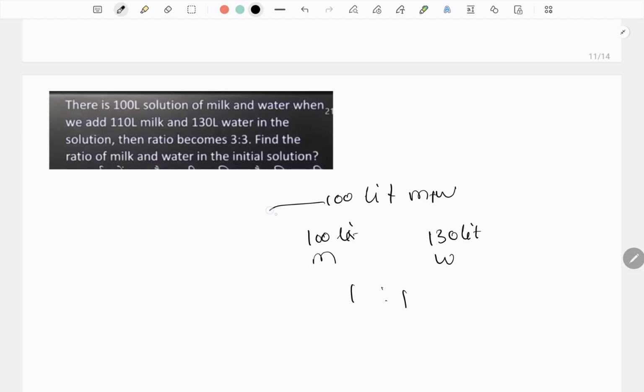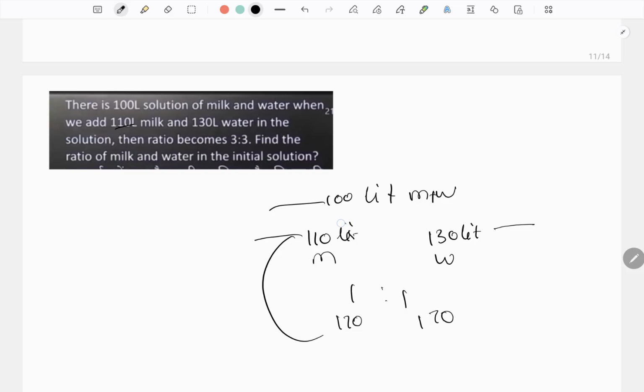Total 100 plus 110, 210. 210 plus 130, 340. 1:1 ratio means 170, 170. So what they ask is the ratio of milk and water in the initial solution.